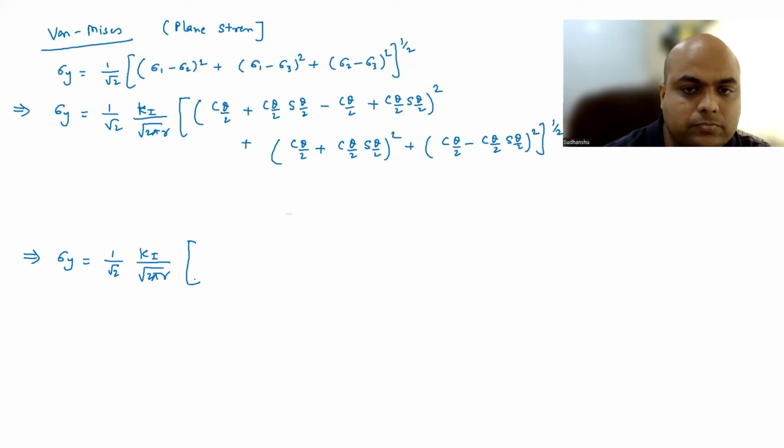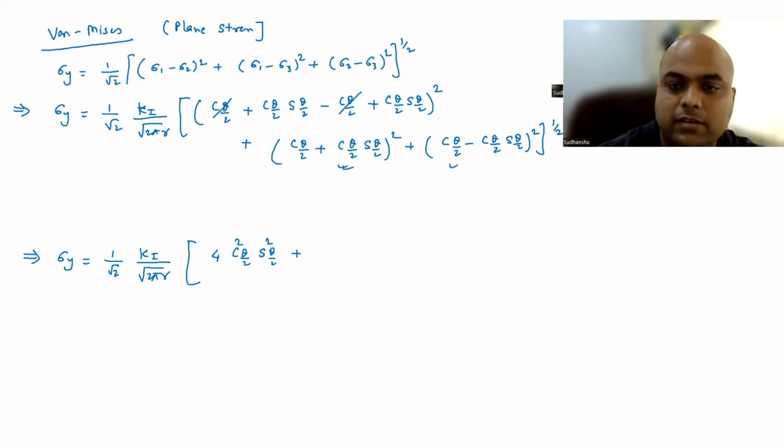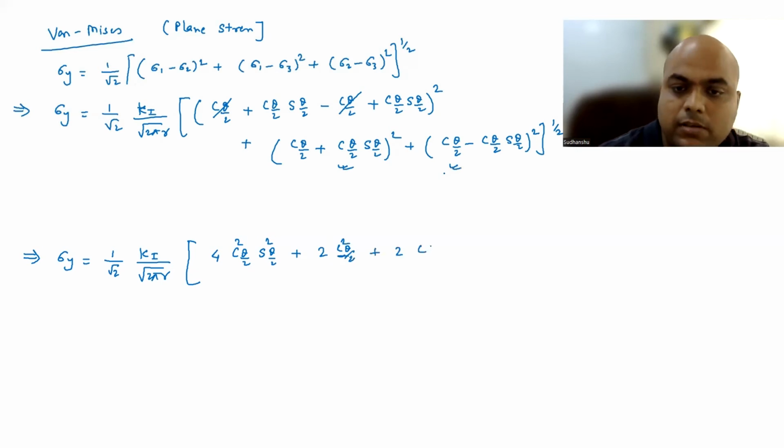Okay, then these two will cancel out. So we can write 4 cos squared theta by 2 sin squared theta by 2, and then let's combine the second and third terms here. That will come out to be 2 cos squared theta by 2, and then 2 cos squared theta by 2 and sin squared theta by 2, all to the power half.